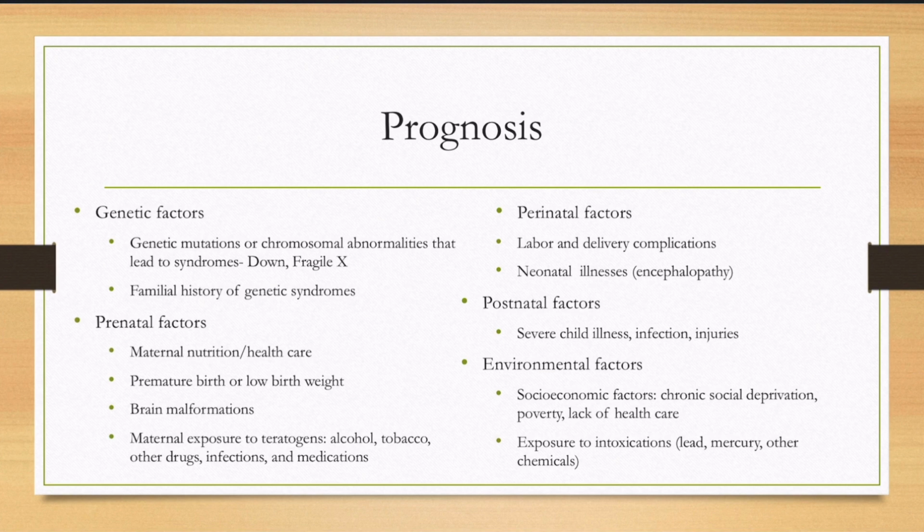If a child develops, as I mentioned previously, any illness or infection that causes damage to the brain, there can be deficits in cognitive function, which can possibly decrease previously acquired skills, leading to the diagnosis of this disorder. And then some important environmental factors to consider are socioeconomic status, if the individual is exposed to poverty, lack of health care, and I think the most obvious is chronic social deprivation.